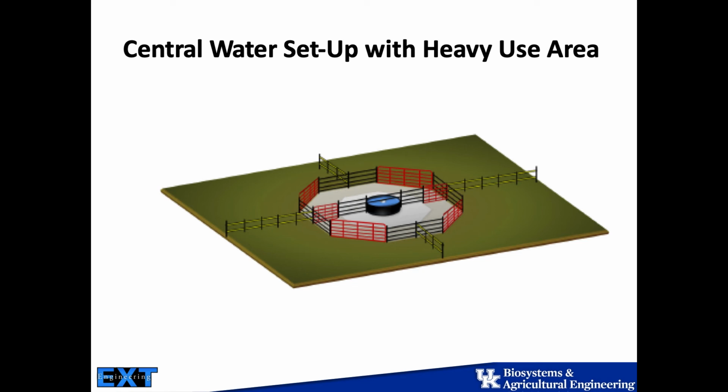Anytime we're going to run a rotational system on flexible fencing, it's very hard to push cattle up to a corral on a single wire hot. Hopefully we can call them with feed if they've been trained to it, but if not, we need some way to capture the animals, and water is always a good spot to capture animals because they always come up to drink, unless you've got a lot of streams and springs.